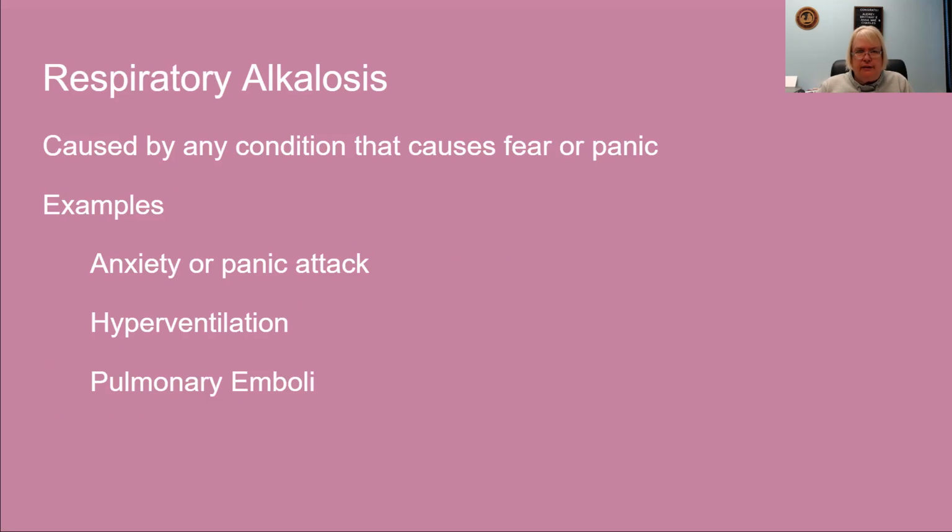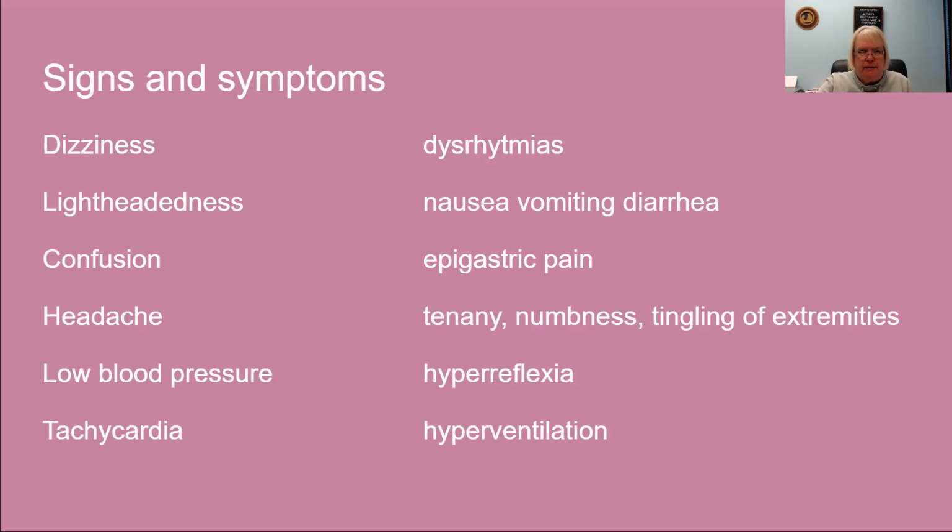Respiratory alkalosis is caused by any condition that causes fear or panic. Examples would be anxiety or a panic attack. A lot of questions about this have that in there. Hyperventilation and pulmonary emboli. All of those invoke panic.